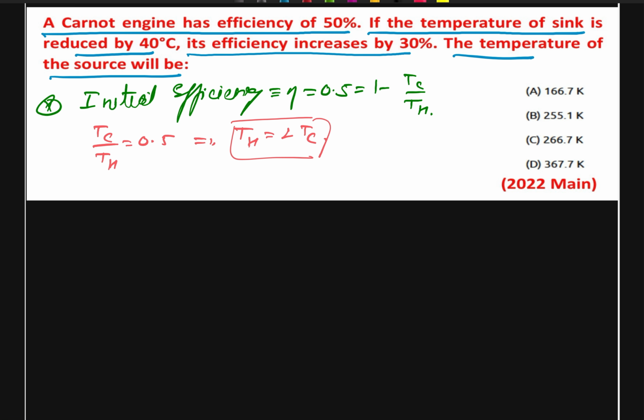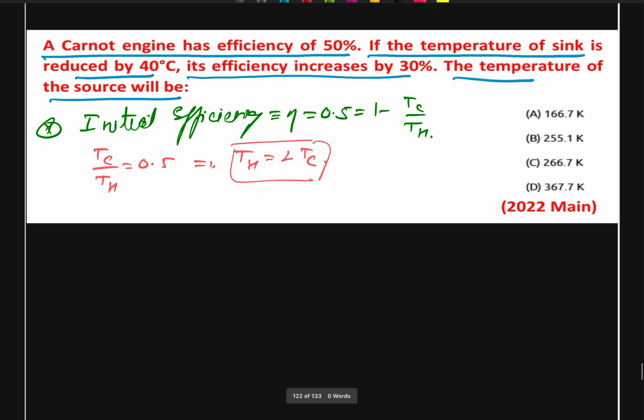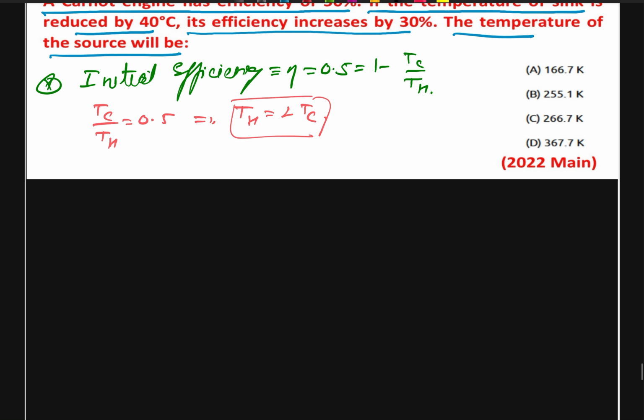And it says that temperature of sink is reduced by 40 degree centigrade. Therefore we can say that the new sink temperature, let us call this Tc prime, is equal to original temperature minus 40.